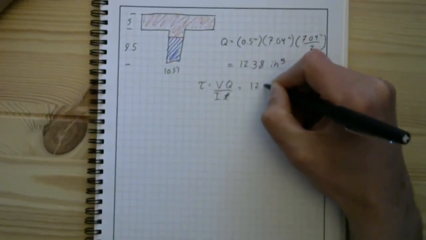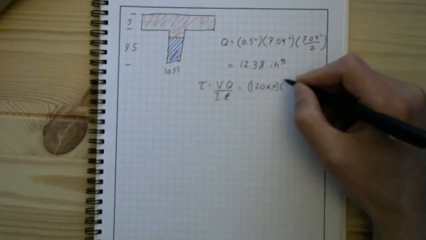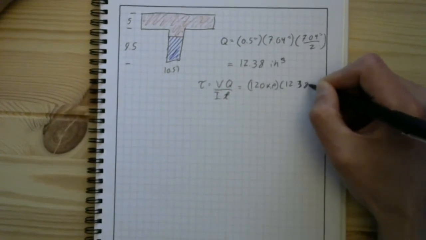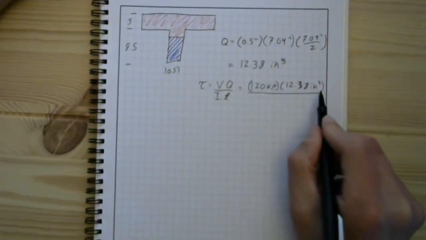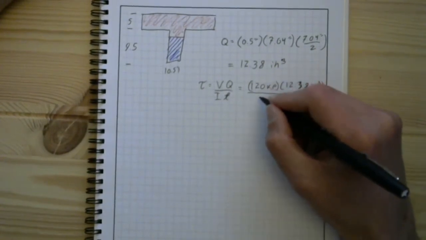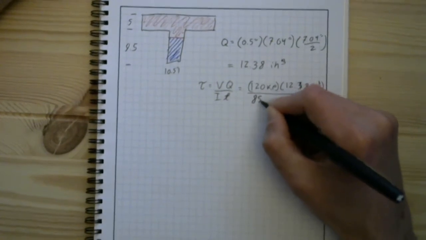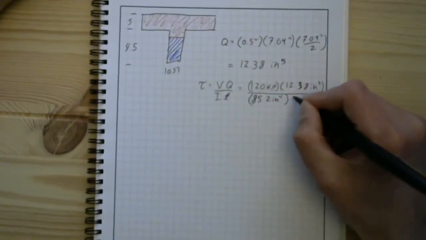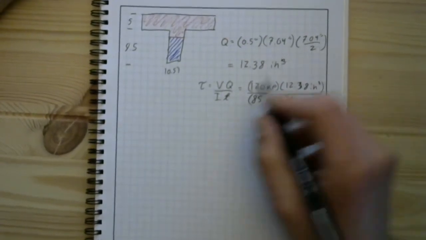In this case, it's going to be 120 kips times 12.38 inches cubed divided by, what did I say that was? 85.2 inches to the fourth, and still 1/2 inch in thickness.